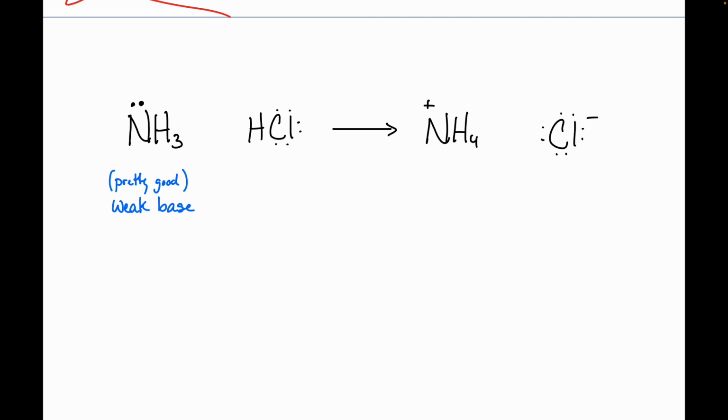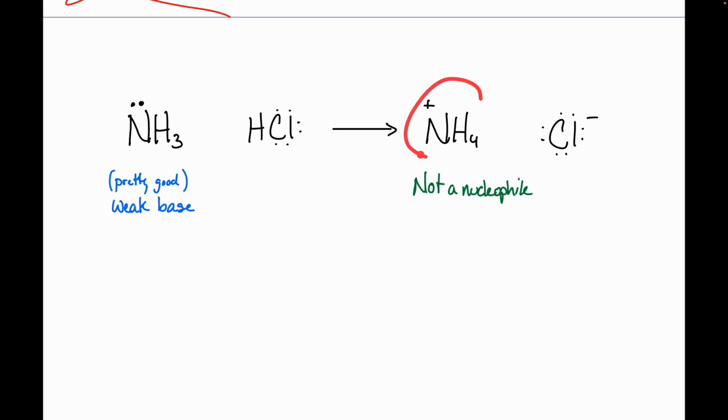And importantly, that ammonium ion that we form under acidic conditions is not a nucleophile. So nitrogen cannot readily play the role of a nucleophile in the presence of a strong acid because it itself is a pretty good base.